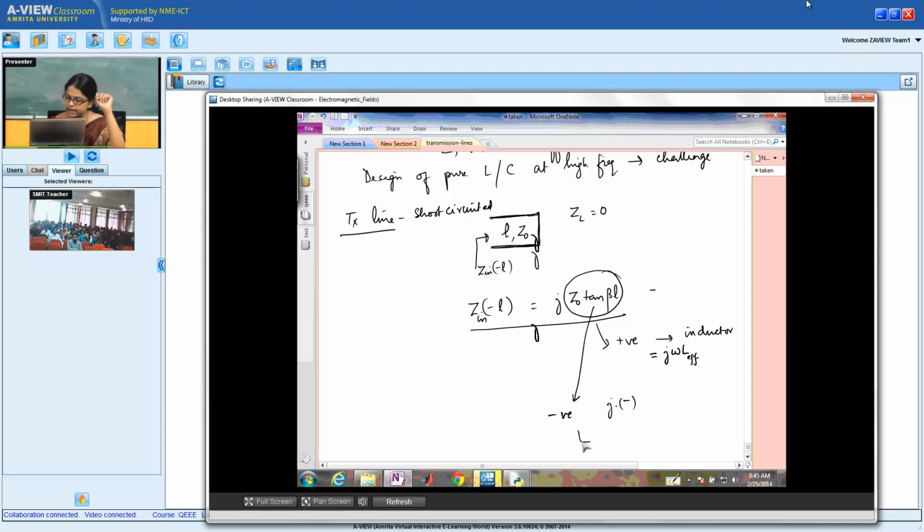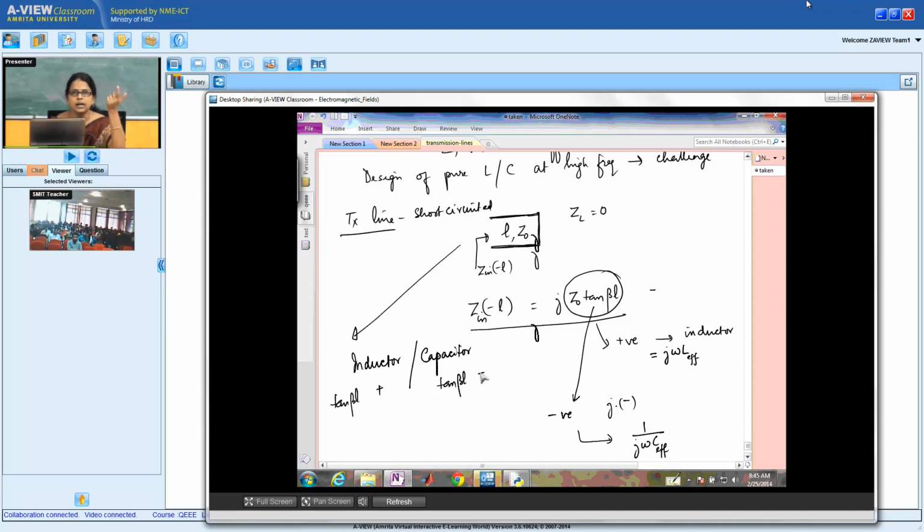So then I can write the effective impedance as 1 over j omega times an effective capacitance. So this line can now work as an inductor or a capacitor just by making tan beta L positive or tan beta L negative.